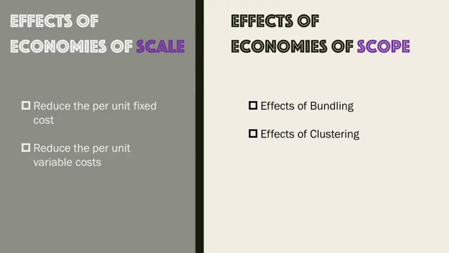For the economics of scope, it influences both bundling and clustering. Bundling in fact means a single process serves different products at the same time. Clustering means different companies can use infrastructure without paying additional fees. Therefore, both the economics of scale and scope are directly related to our lives and can affect our society closely.